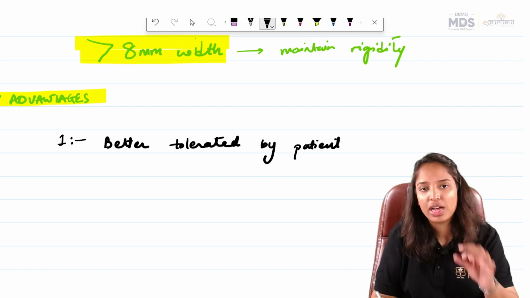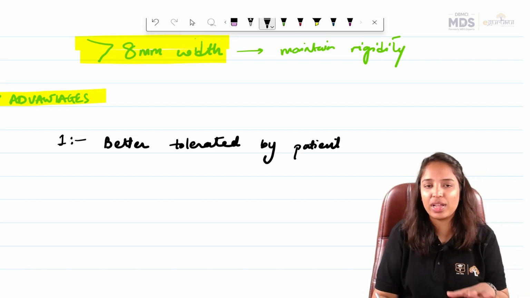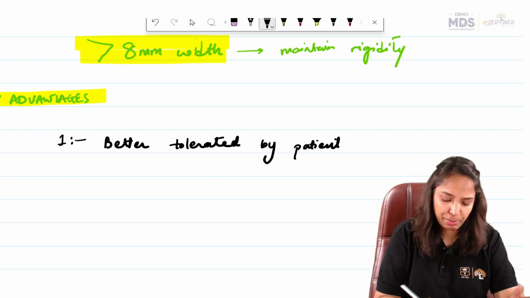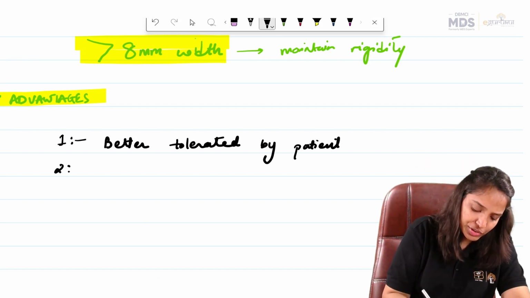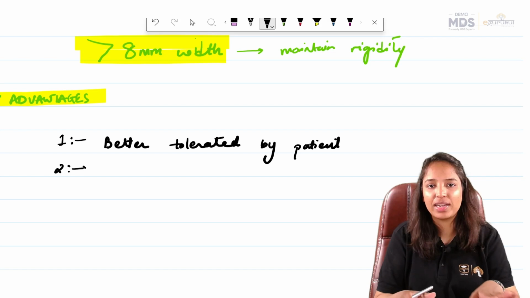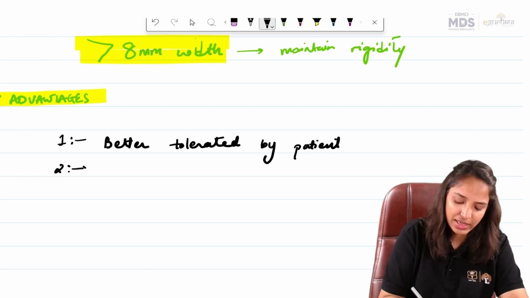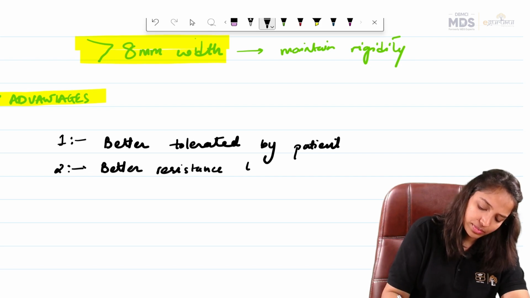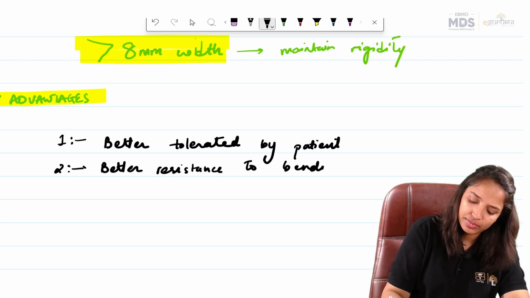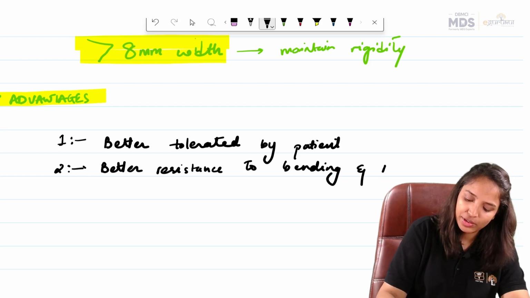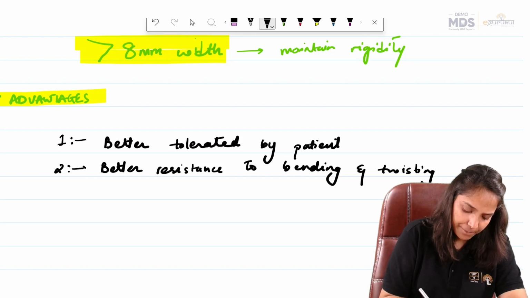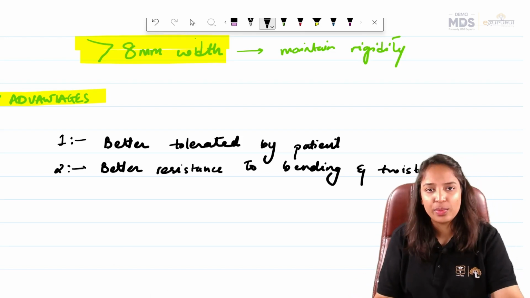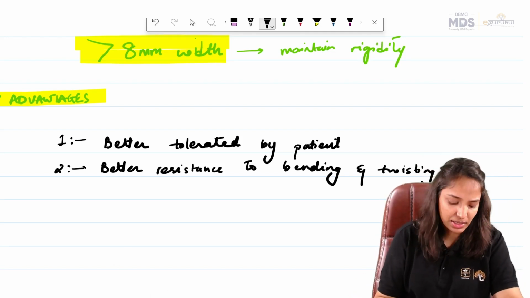Because the single palatal bar was thicker in comparison to that, it is better tolerated by your patient. Second advantage is that since it is flatter and located in multiple planes, it will provide you better resistance to bending and twisting. So that is an advantage of your single palatal strap.